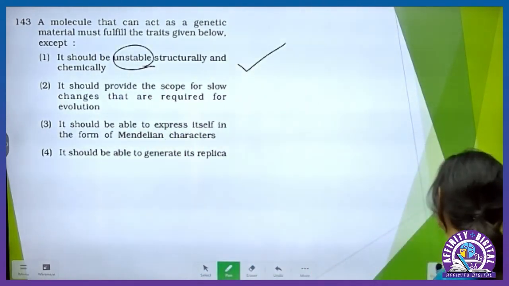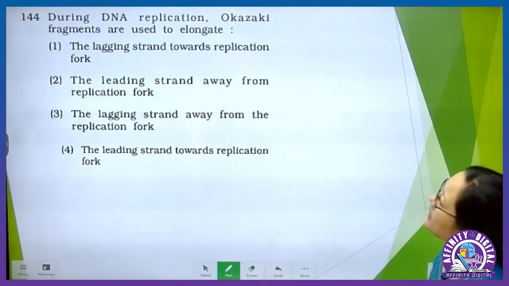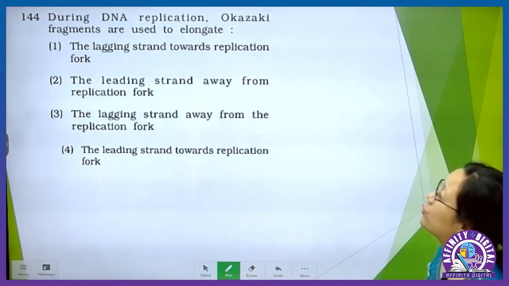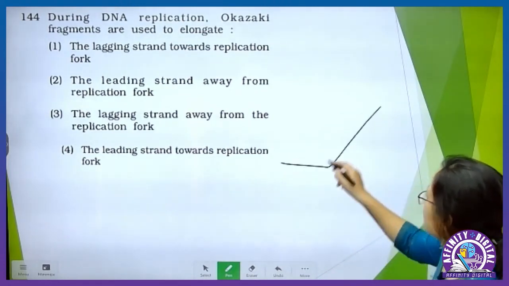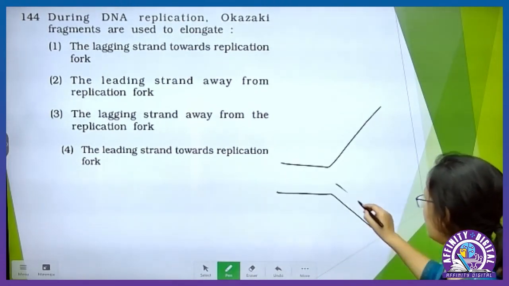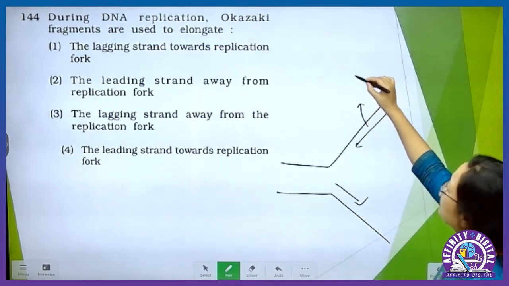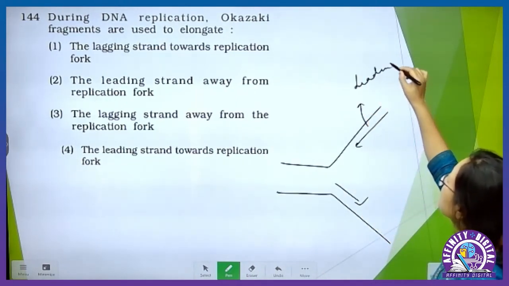Others are all correct. During DNA replication, Okazaki fragments are used to elongate this way. This will be the leading strand.